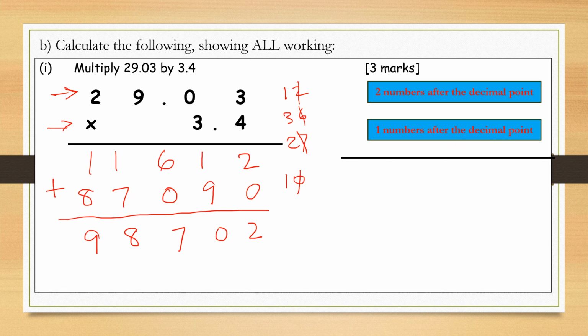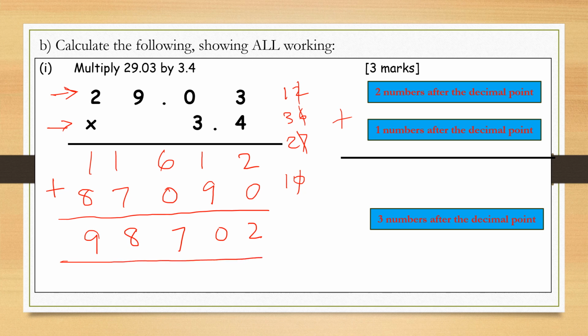So we add, and we're going to get 2 plus 1 is 3. 3 numbers after the decimal point, which is what our answer should have. So we count 1, 2, 3. My decimal point comes here.